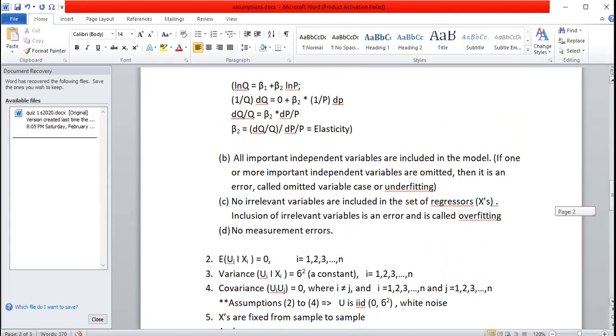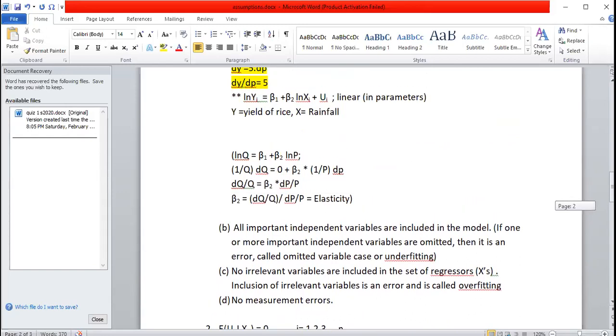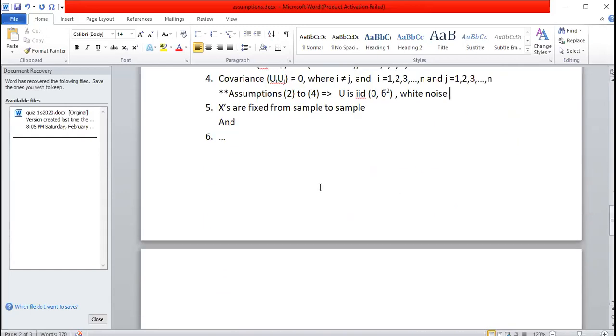For now, these 5 assumptions, if assumptions 1 to 5 are satisfied, then you can get good estimators.